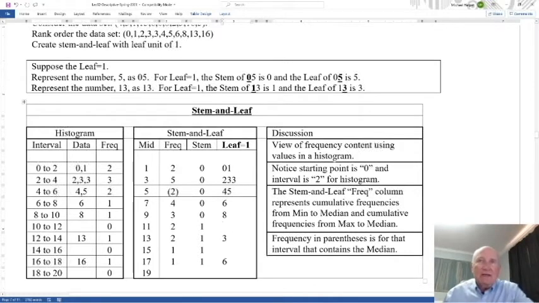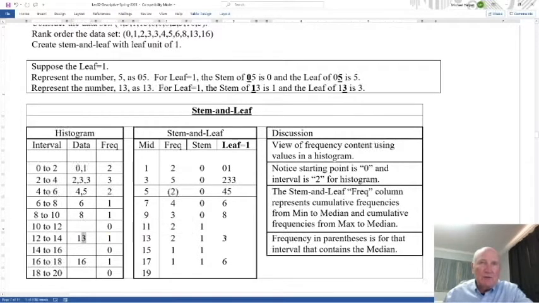So notice this right here, the numbers show us the frequency. 2, 3, 2, 1, 1. But what happens when you have 13? Well, the leaf up here is 1, so you only put the leaves here, and the stems are here. Well, the stem on this one is 1, and the leaf is 3.